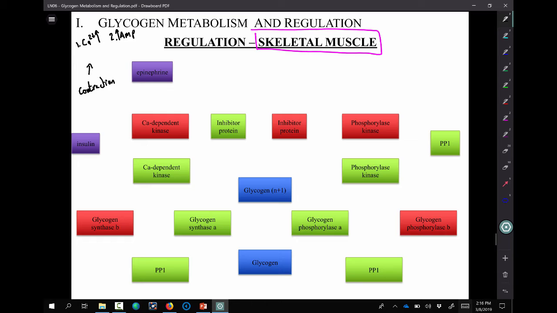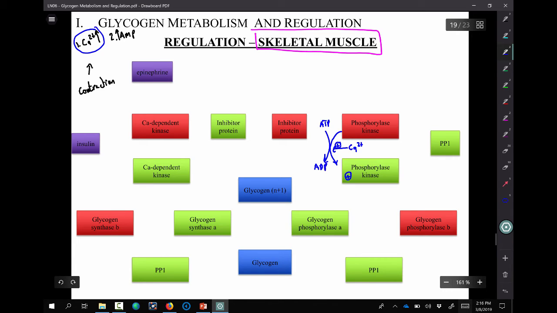Now, let's start with calcium here. Calcium can allosterically activate phosphorylase kinase.